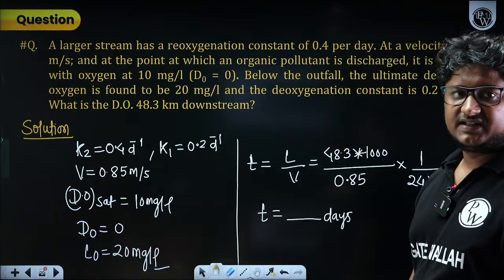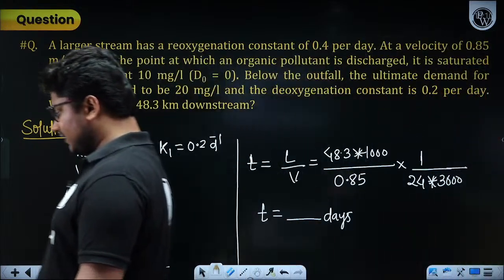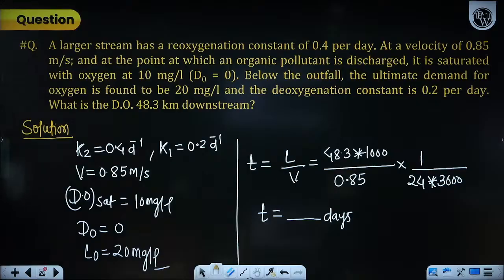See, once I get the time value, then I can use the DT formula, the oxygen deficit formula. How much are you guys getting? The time value.